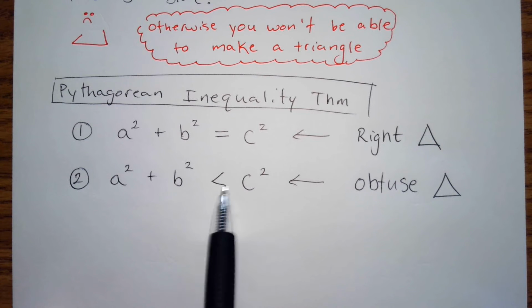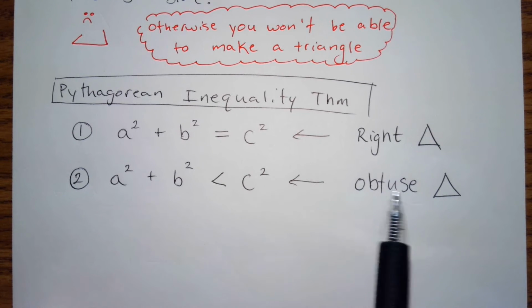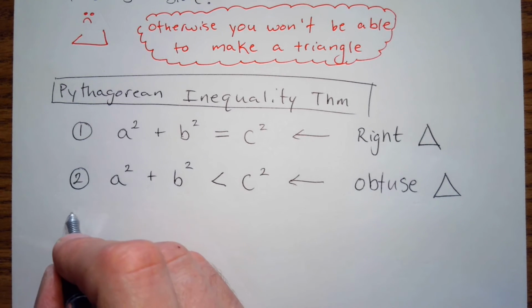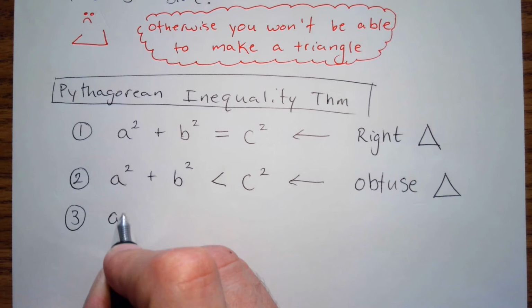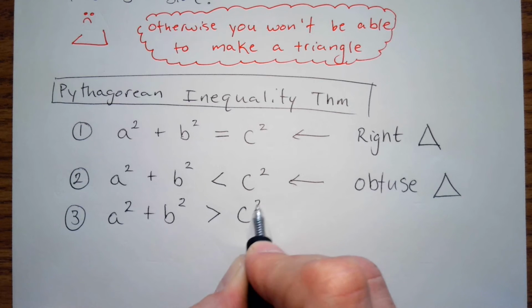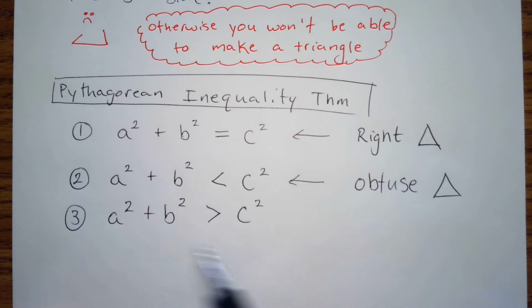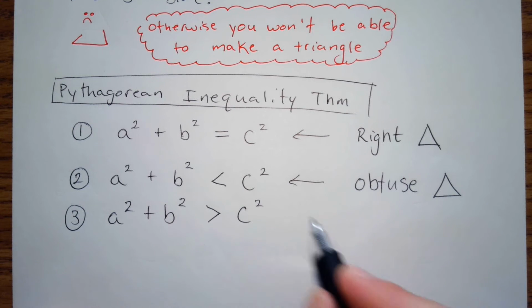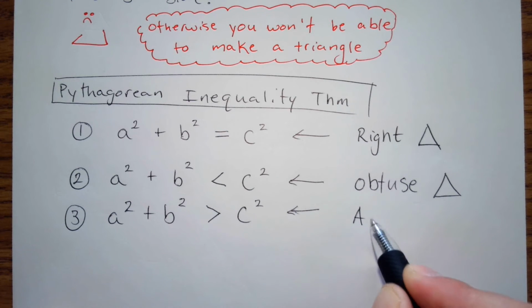So when C squared is bigger than the other stuff, then you get an obtuse triangle. And then the last one, I think you could guess. If C squared is smaller than the other stuff added together, you get an acute triangle.